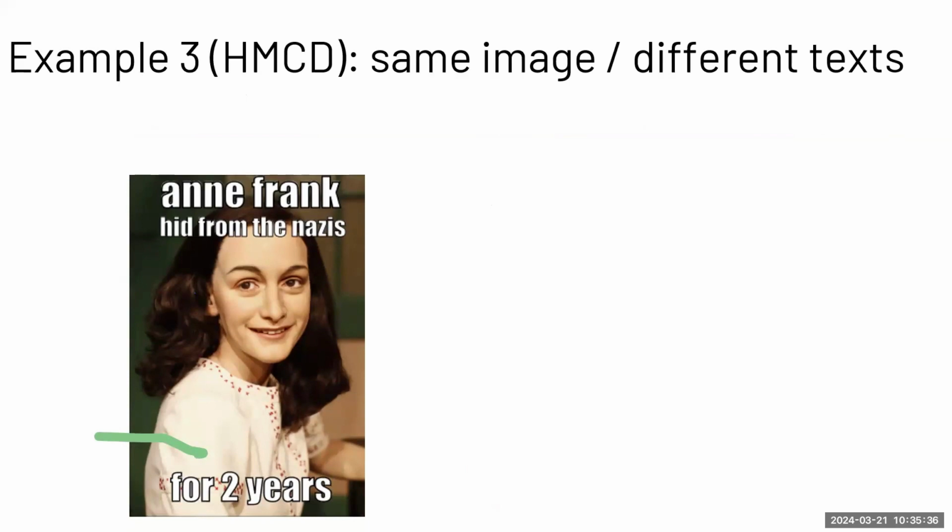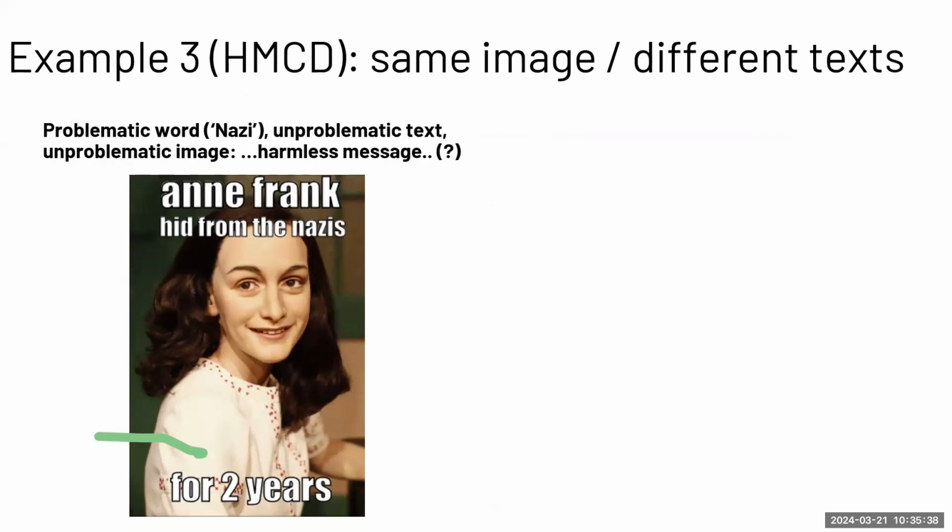Let's see here, same image, but different texts. Here, there's one problematic word, Nazi: Anne Frank hid from the Nazis for two years. So this is Anne Frank, the famous German young lady who was writing a diary and hid from the Nazis, and then in the end she was put in a concentration camp where she died when she was around 16 years old.